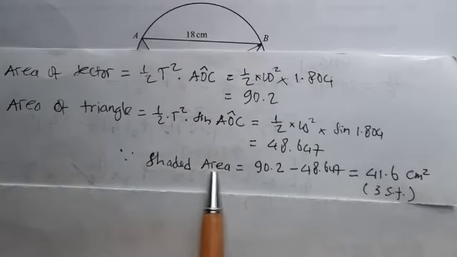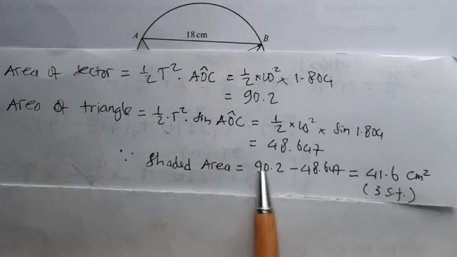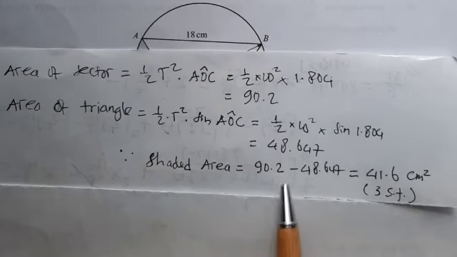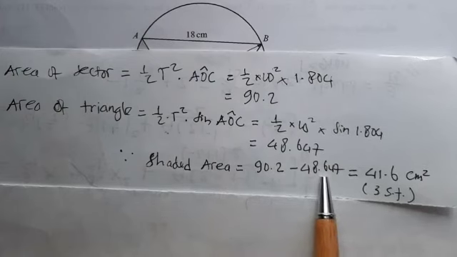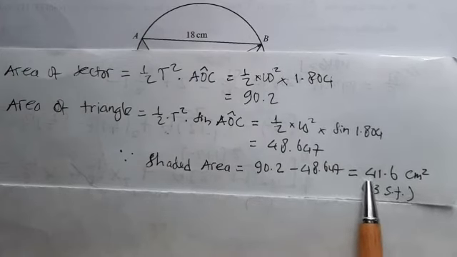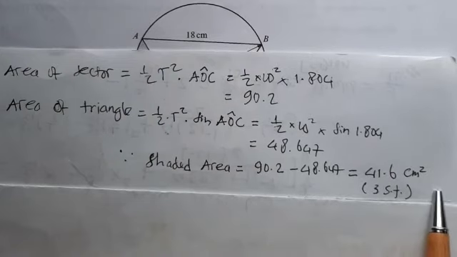Thus the area of the shaded region is the area of the sector minus the area of the triangle, that is 90.2 minus 48.647 equals 41.6 cm squared, correct to 3 significant figures. Thank you.